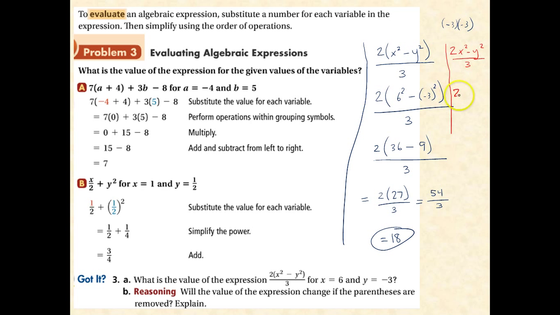So that's 2 times 6 squared minus negative 3 squared over 3.